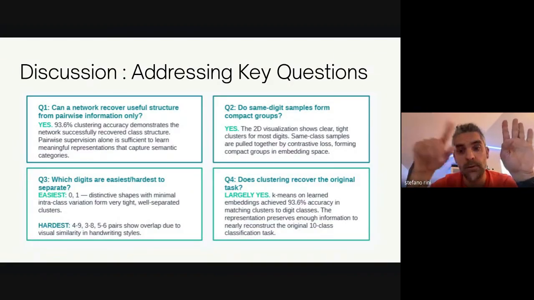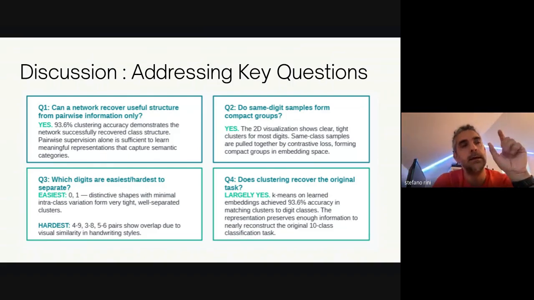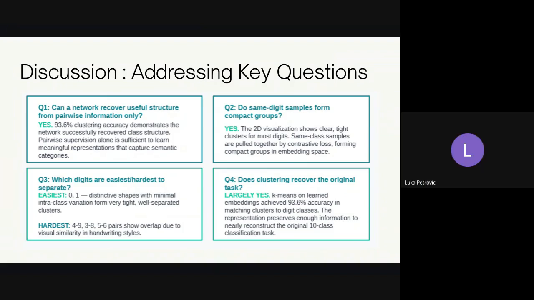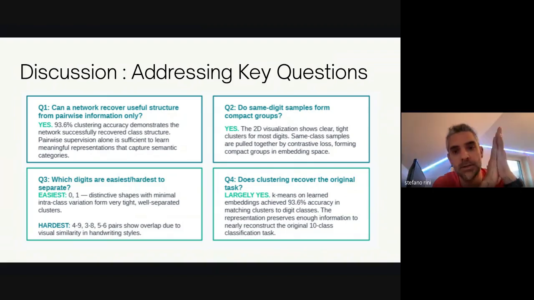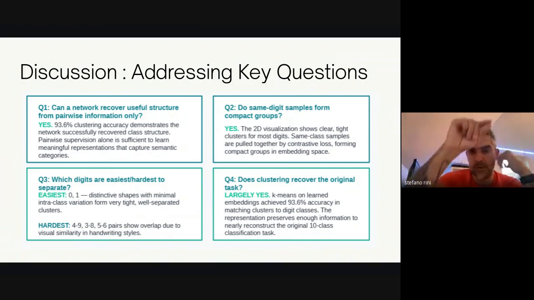And you will be able to compare the type of mistakes that you make. For example, what you will see is that k-means will confuse the slanted one and the straight one, okay? Because k-means uses the L2 distance between the images, right? So if you write a 1 which is slanted, the slanted one looks much more like a 7, right?